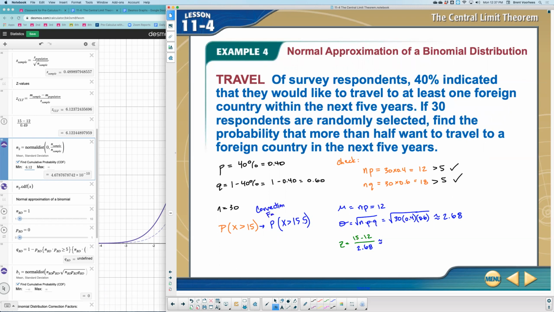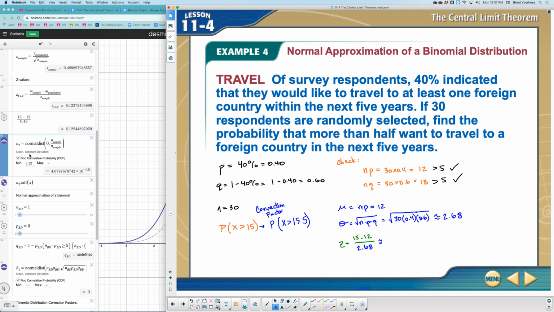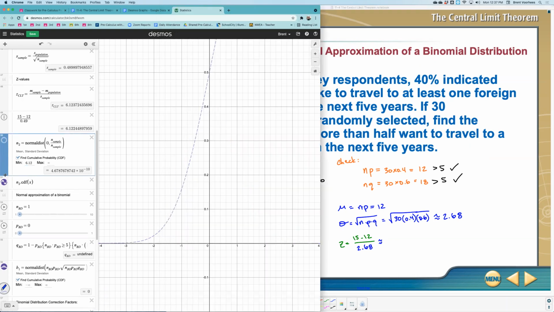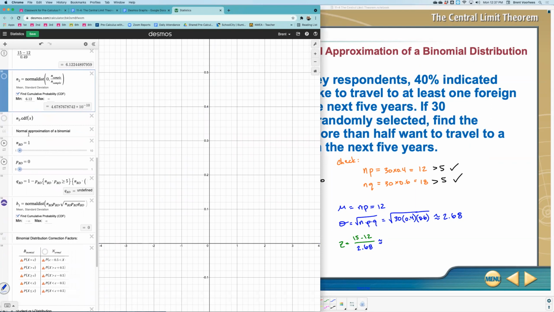And so I'm going to work this through again, and this time I will show you the calculator that's designed for it. So if you're doing binomial, slide on down a little bit. I'm going to just turn this one off for a moment. Slide on down, and now let's put in our value. So how many samples did we have here? We had, if I remember right, 30 samples. The probability was 40% or 0.4 of traveling to a country in the next 5 years, one foreign country.